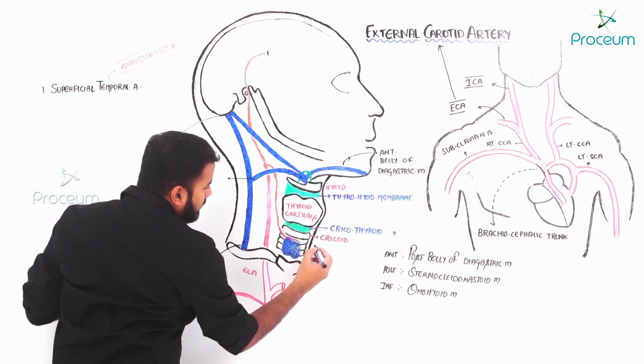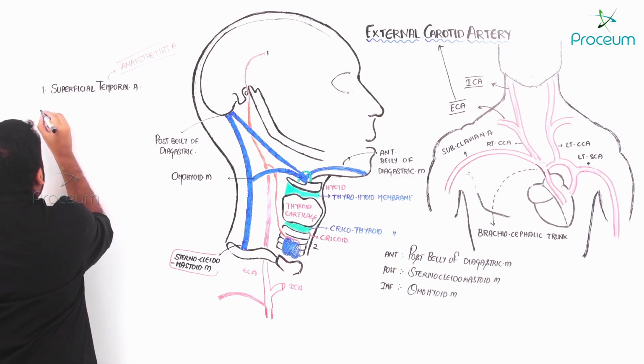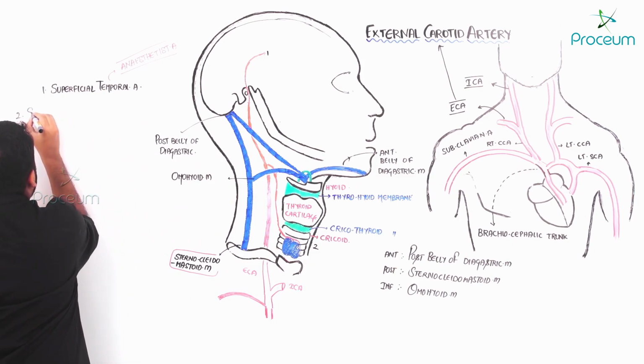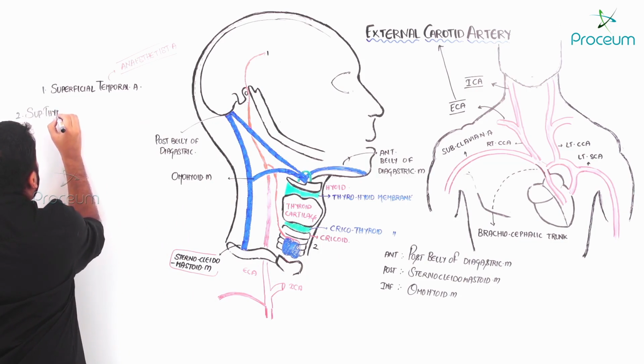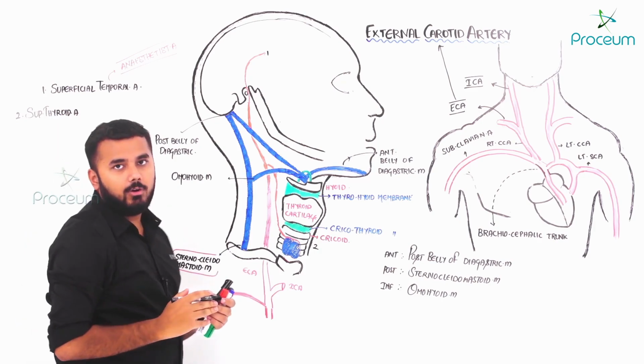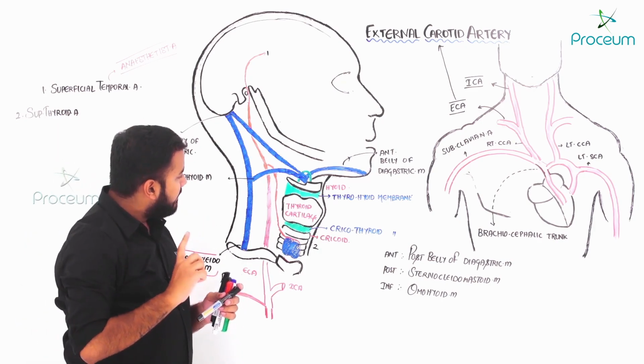I am naming it as 2. So this is called the superior thyroid artery. Okay, now listen very carefully.